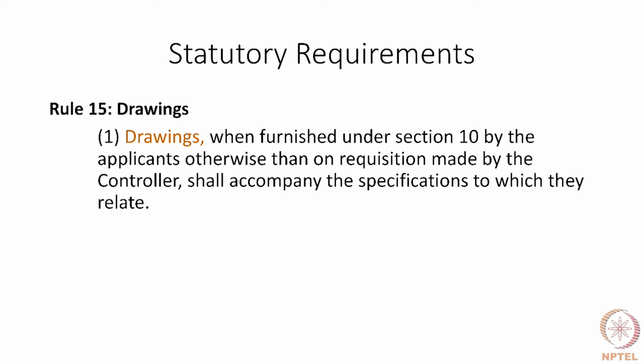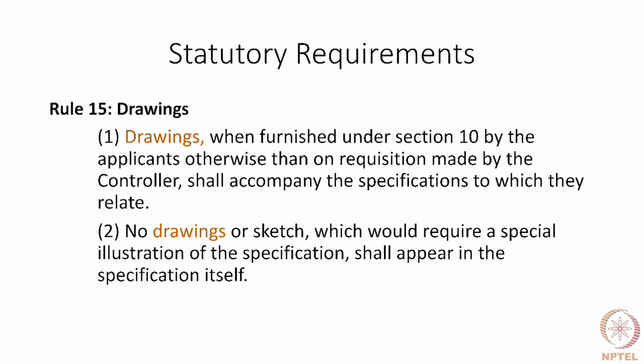So it has to go along with the application. No drawings or sketch which require a special illustration of the specification shall appear in the specification itself. So if you've seen all the specifications that we have showed you so far, the drawings appear in a separate sheet. That's the case of the American specifications. It is also the case. You saw that in the Bajaj's patent, the drawings appear in a separate sheet.